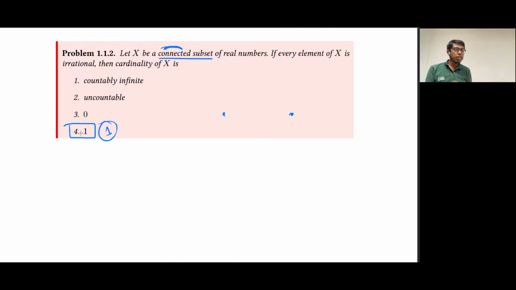Similarly, if instead of irrational we have rational, then the conclusion would have been the same: connected implies it contains only one element. So this was an easy problem.